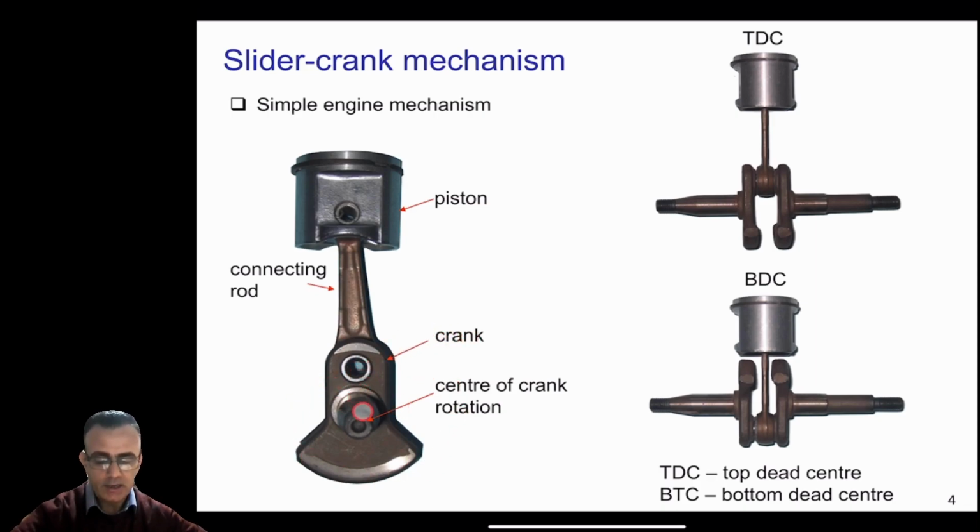The crank is rotating about this center of the crank, about this axis here. Then the connecting rod is connecting the crankshaft with the piston, and there are these two pins, one here and one here, and the connecting rod is free to rotate on these pins. That's why it will convert the up and down motion of the piston to the rotary motion of the crankshaft.